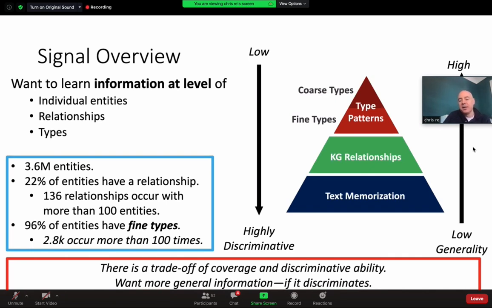We want this compression to happen, but if they cover many entities and they don't discriminate, like remembering something that's associated with person or people is a very general class. Maybe that helps us between people and places, but it's not going to help us between Victoria Mitchells that we saw in the last sentence. So we have to be careful about how much these types discriminate and how general they are. Okay? And we want to kind of learn those appropriate inductive biases, I would argue, at all these different levels.